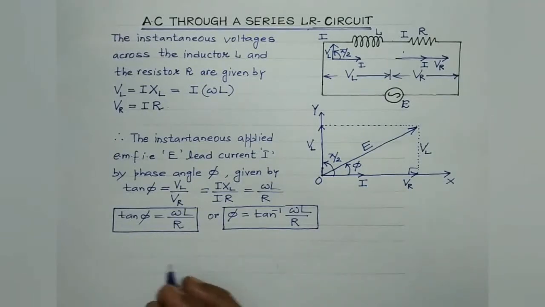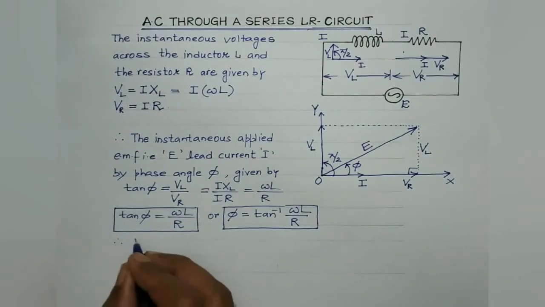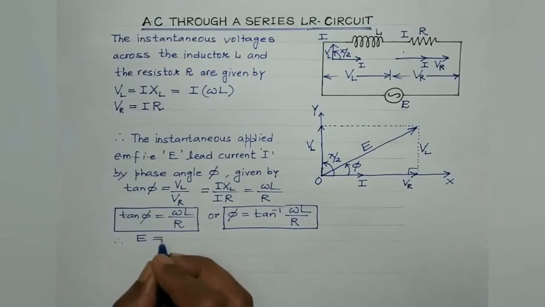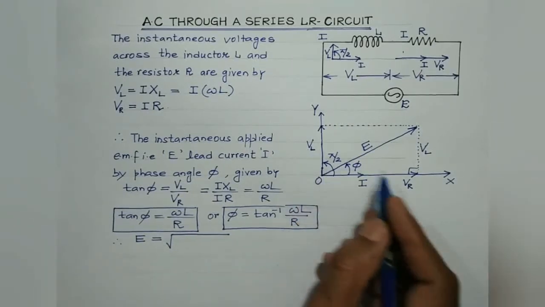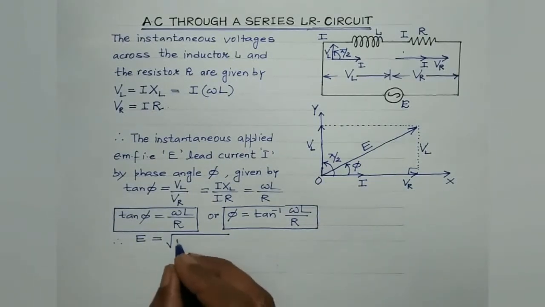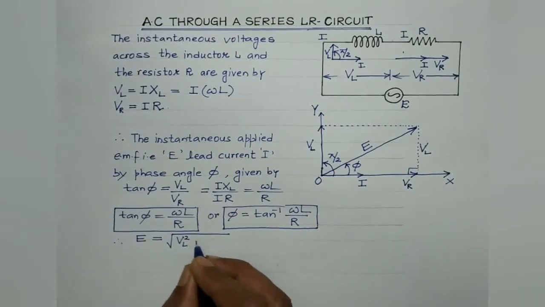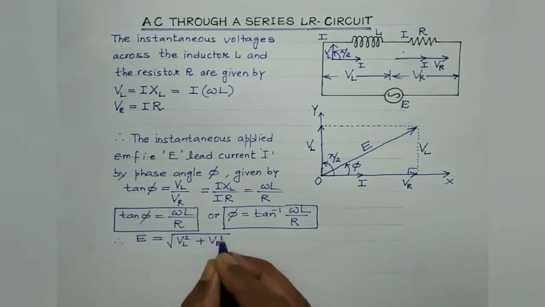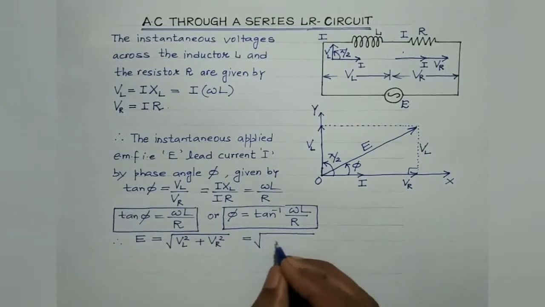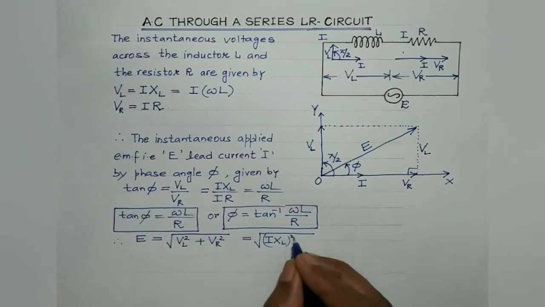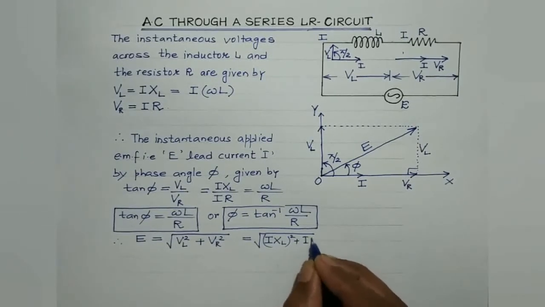Therefore, E would be equal to square root of VL square plus VR square. Let's substitute the values over here. So what we get is VL is I XL, VR is IR.